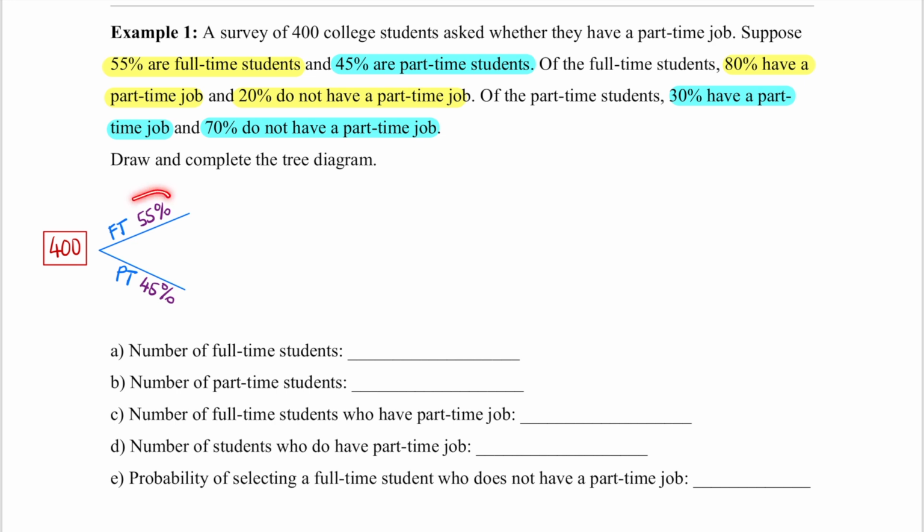Starting with the full-time branch, we are told that 80% have a part-time job and 20% do not have a part-time job. So from the full-time branch, we draw two additional branches. One branch is job, labeled 80%. The other branch is no job, labeled 20%.